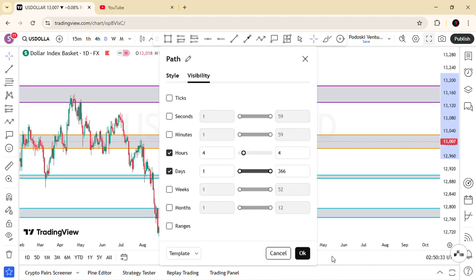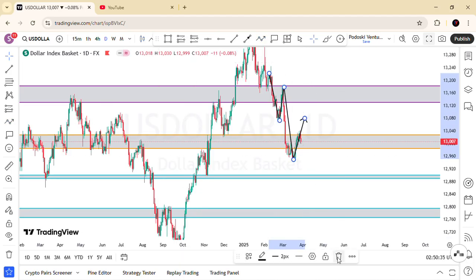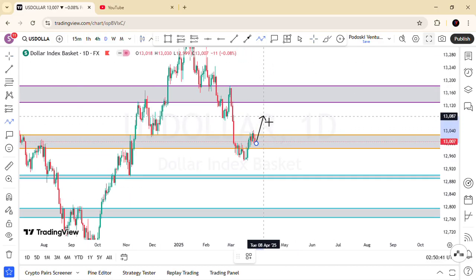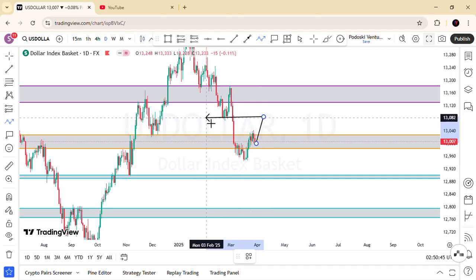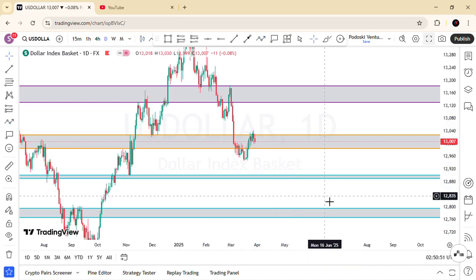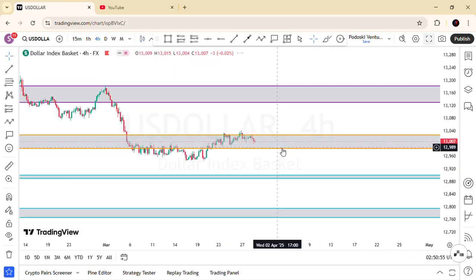So we should have the expectation that there is a possibility of price going up to retest the daily breakout zone, which is here. Price should retest here before dropping. But is price going to do that or not? Let's go to the forward time frame and find out.